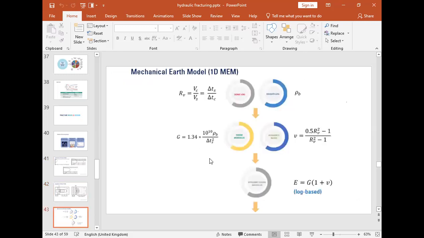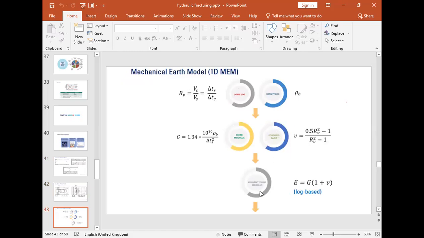All right, so this is our geomechanical model and how to develop it. The first thing to develop your geomechanical model, you need the density and the sonic log. We have already talked a lot about our logs in the first week. So we have our density log and sonic log. From there, we can characterize it to obtain the shear modulus and the Poisson ratio.